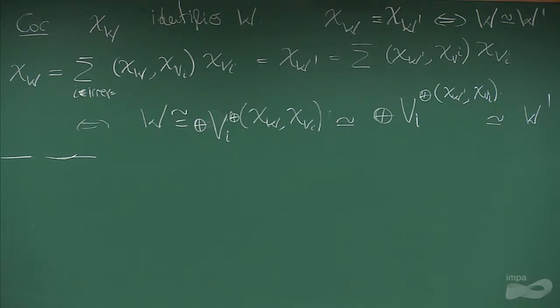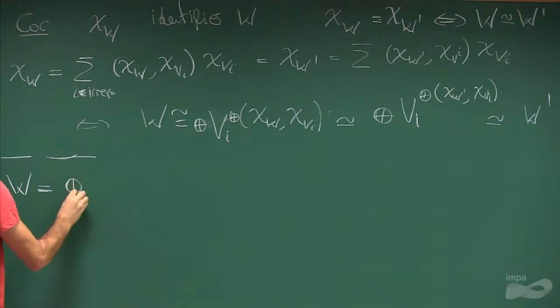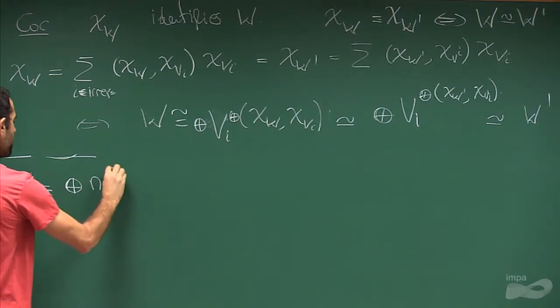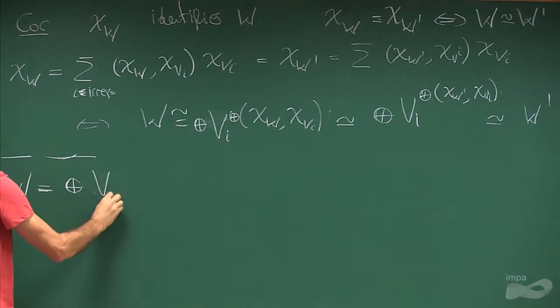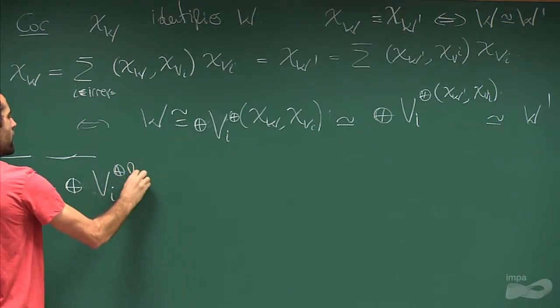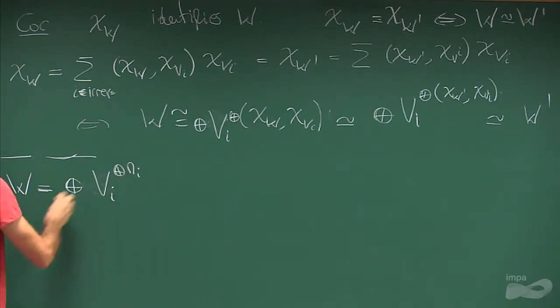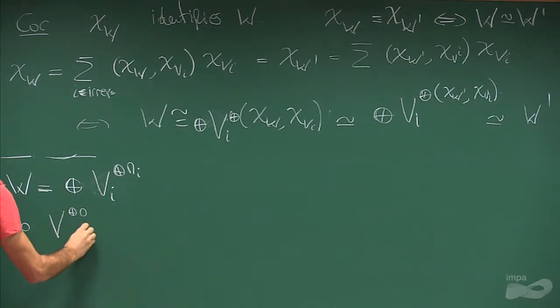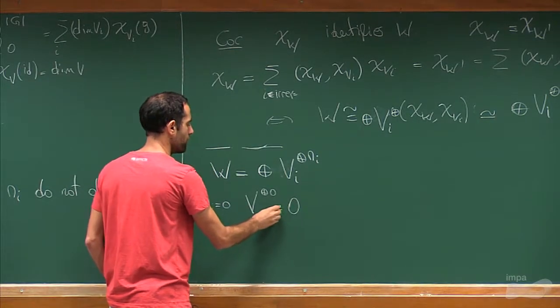Oh, perhaps just a criterion that we get for free too is that if we have two representations, you decompose this W as a sum of Ni Vi with multiplicity Ni. I'm assuming that if Ni is equal to 0, I am writing this as the vector space 0.